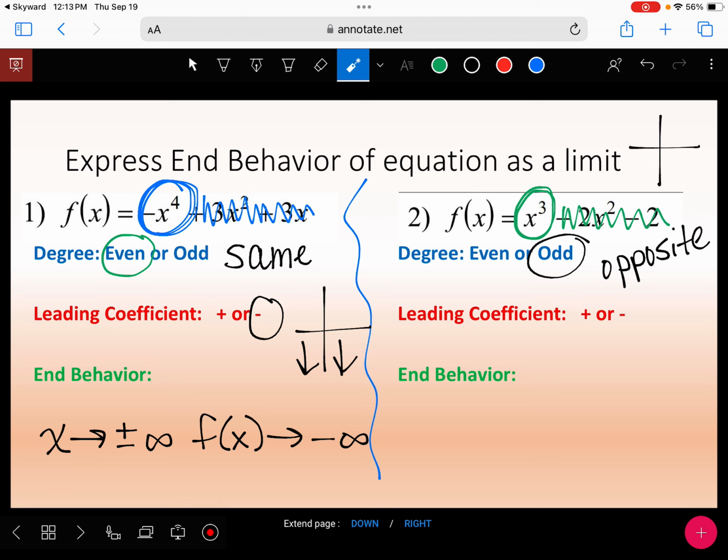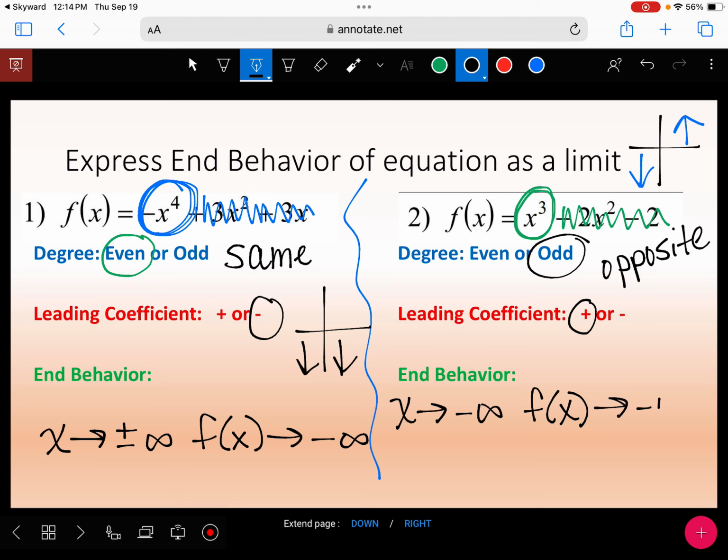Positive. So because it's positive, that tells the right side to go up. The left side is not going to do the same though. It's going to go down on the left side. So when you write your end behavior, you're going to say, as x approaches negative infinity, f of x is going to go down.